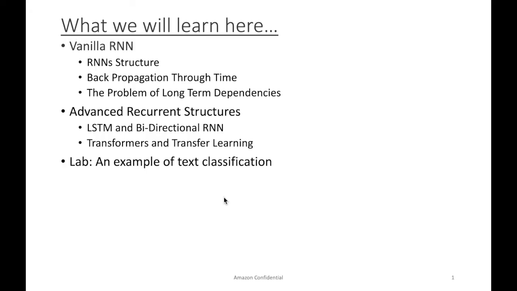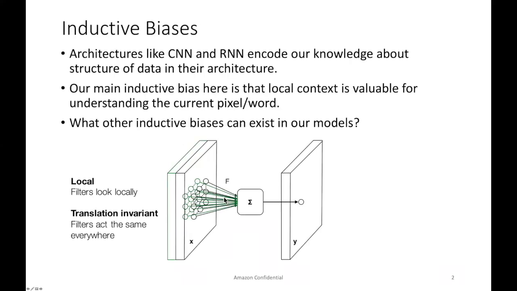In the first session on multi-layer perceptrons, we talked about something called priors or inductive biases. What I mean by inductive biases is what kind of structure our model encodes in the network itself, which takes advantage of the data.